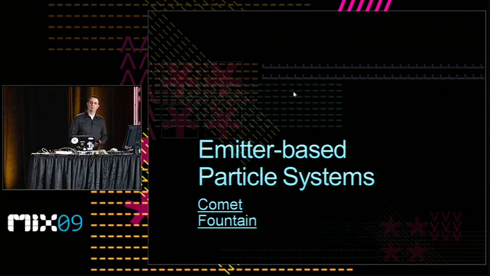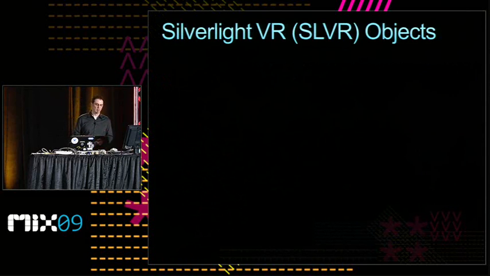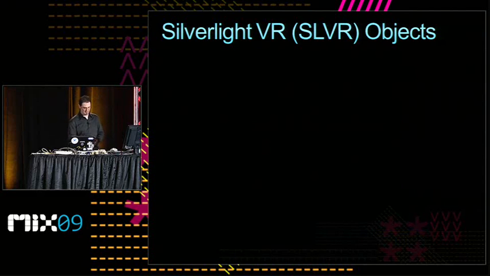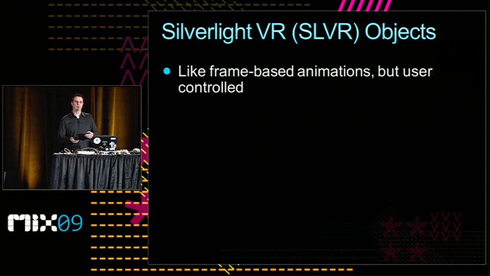So that one wraps up my quick overview of particle systems. The last thing I want to take a look at today is a Silverlight VR object. I'm sure probably most of you are familiar with VR objects. What these mean to us as developers is that we are creating essentially a frame-based animation that is user-controlled rather than controlled by a storyboard or code.